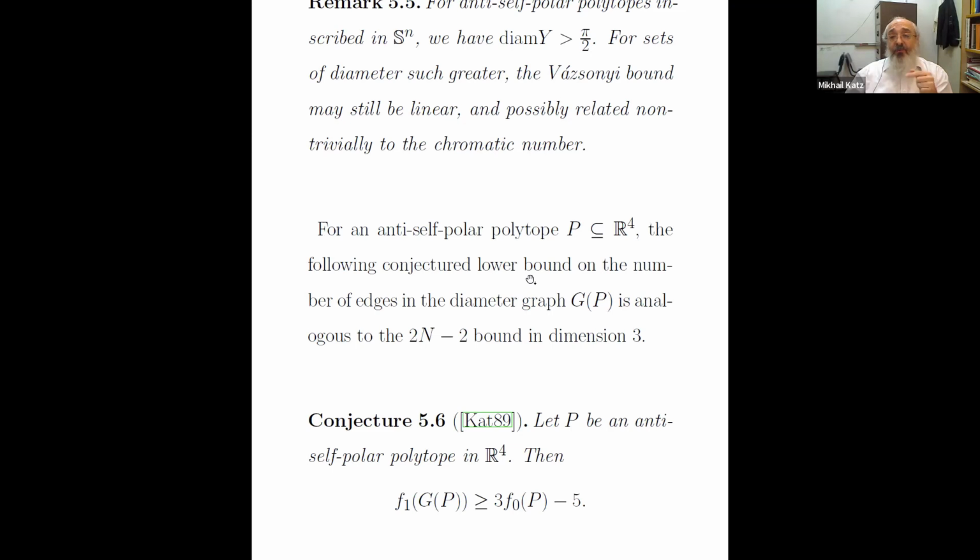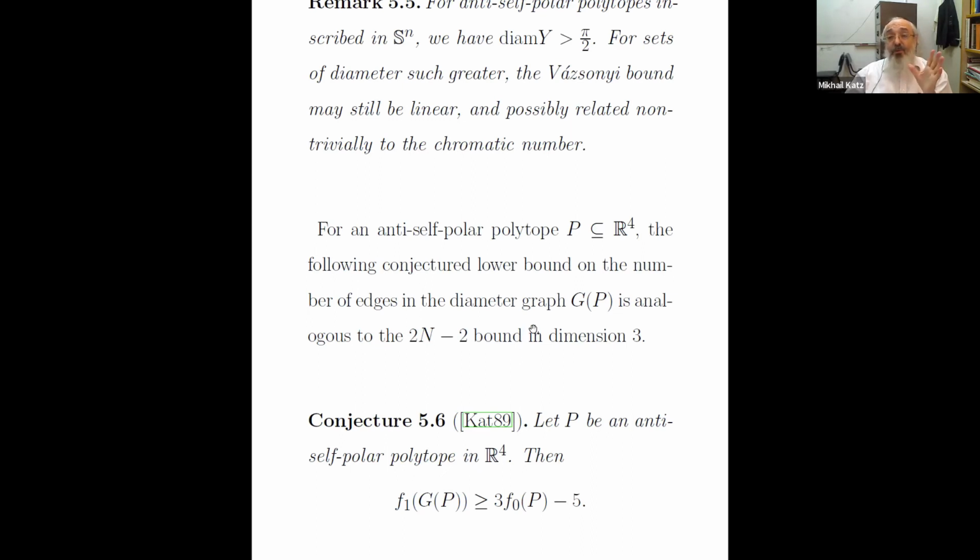Here we're beginning to get to the punchline. For all of the examples of anti-self-polar polytopes that we've been able to find in R4 by using the diameter flow idea, it turns out that the number of edges in the diameter graph is 3f minus 5. It's this 3 that's the key here, because using Vázsonyi's idea for proving Borsuk's conjecture, you would only get 6 for R4, not 5.